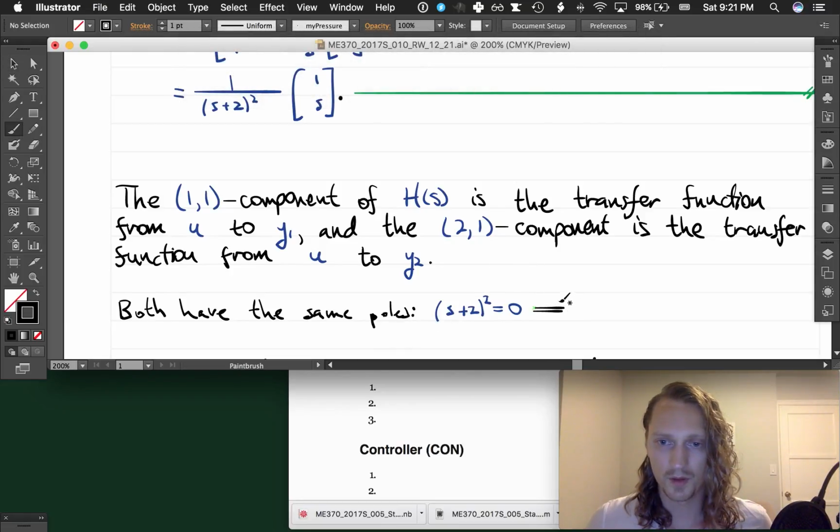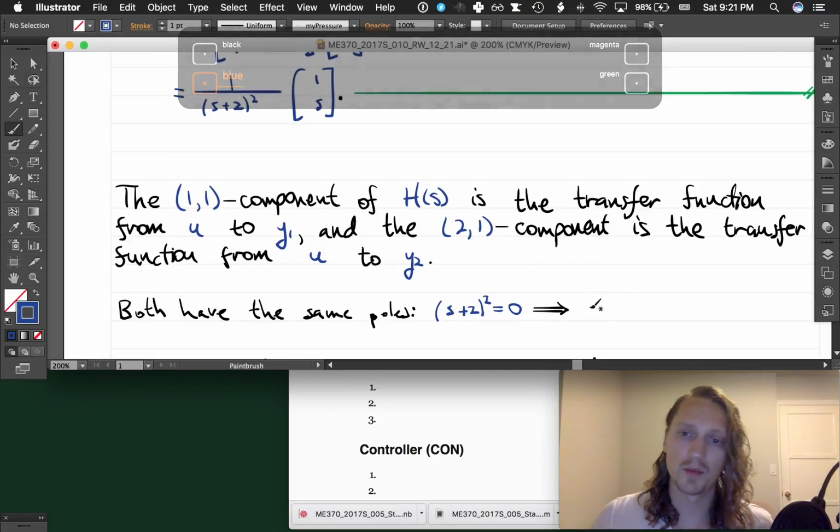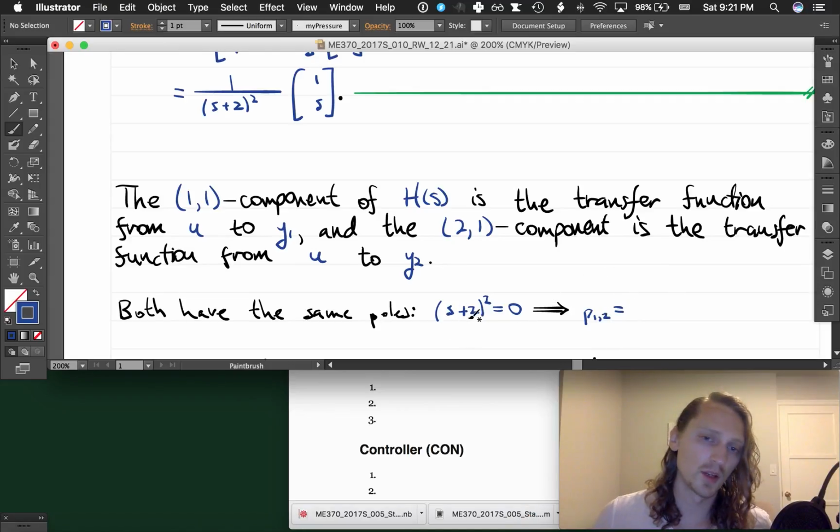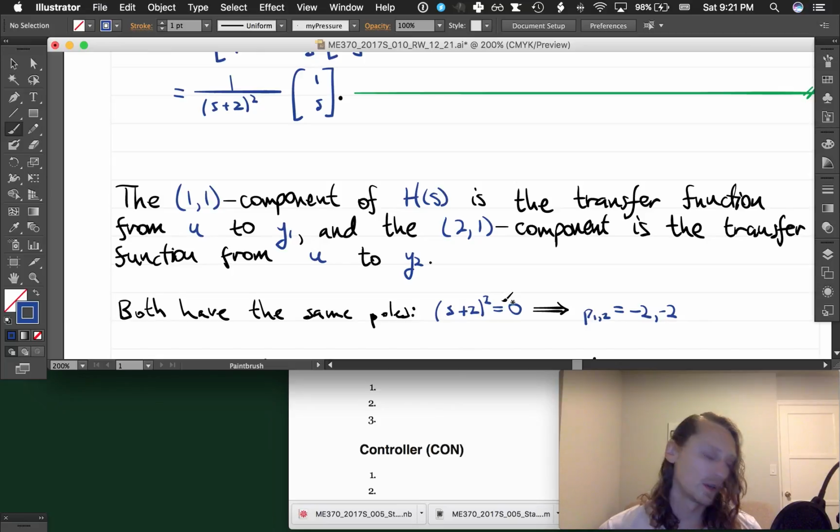That implies, and we're going to immediately write this as pole 1 and pole 2, that by inspection we can recognize that s = -2 is the solution, and there are two of them because this is squared. So there are two -2's.